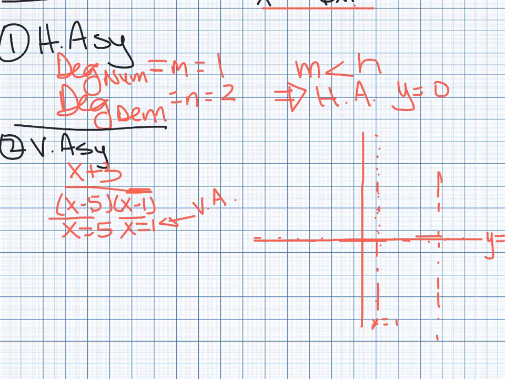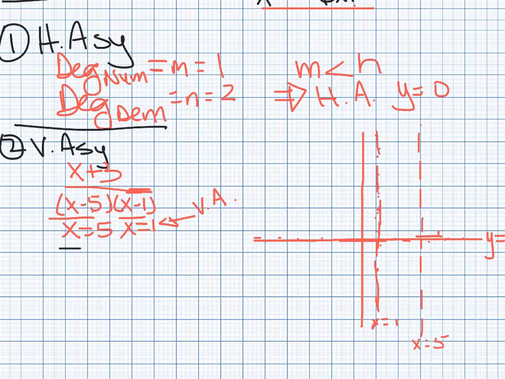Sorry, having some technical difficulties there. Let's try that again. X equals 5. So we now have two vertical asymptotes. You won't always have that, but sometimes you will.